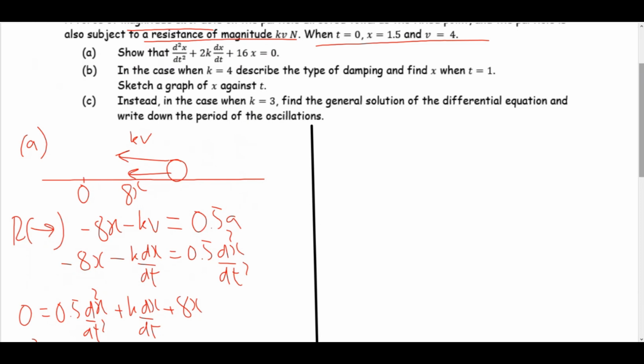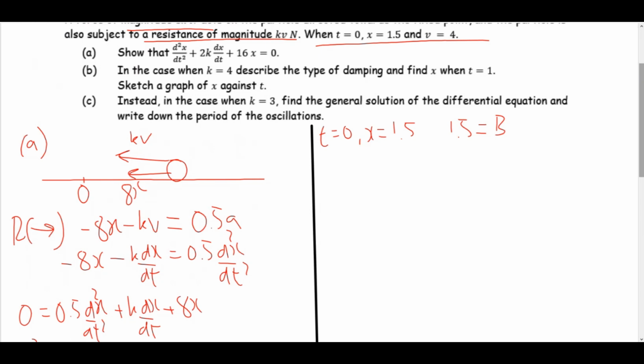So if you substitute t is 0 and x is 1.5 into the general solution, on the left-hand side we get 1.5. And then e to the minus 4t is e to the minus 0, which is 1. A times 0 is 0. So we just get that is equal to b.